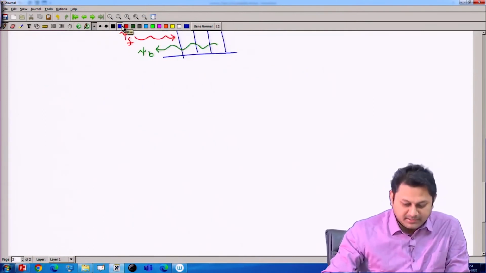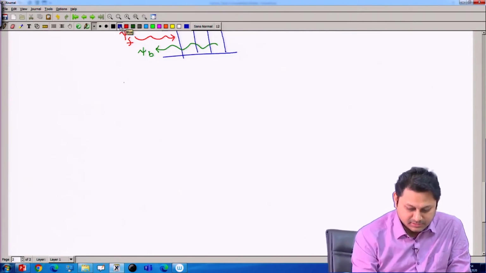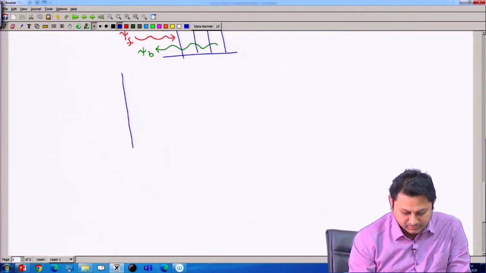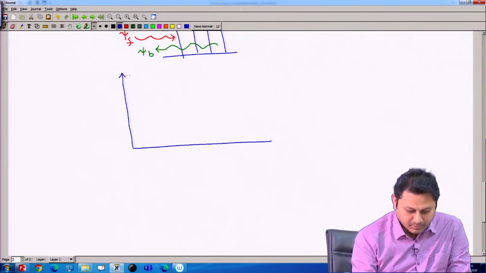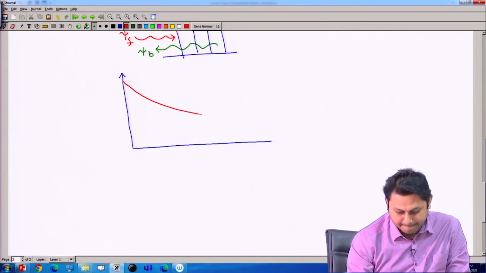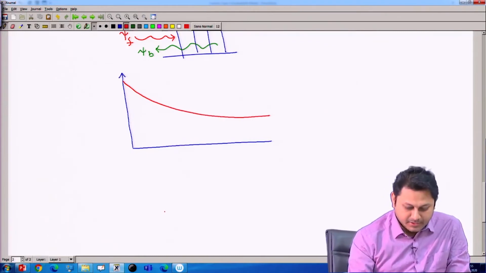Well, if I plot these two functions, I can also plot the function A, it will be like that.